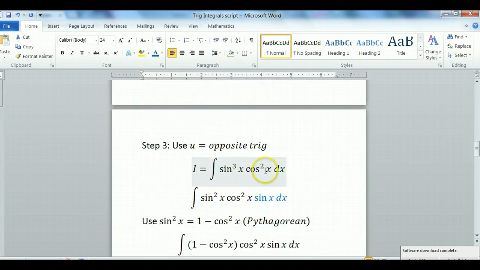Okay, so you will notice that what I did was I split the sine cube as sine squared and sine x, and the sine x I threw right to the end, and the sine squared is left here. What about the cosine squared? That is still here. Okay. Now that is step 1.